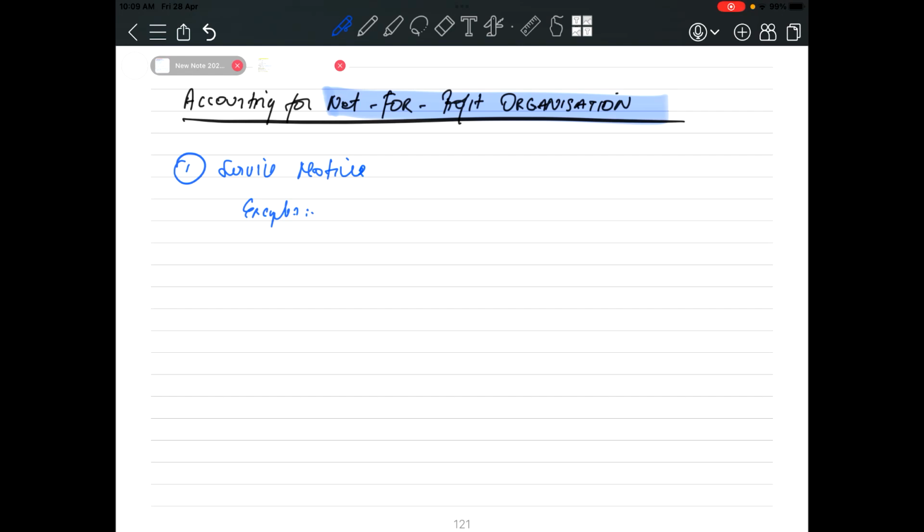Now let's move to sources of income. What are the sources of income for a charitable organization, for a not-for-profit organization?